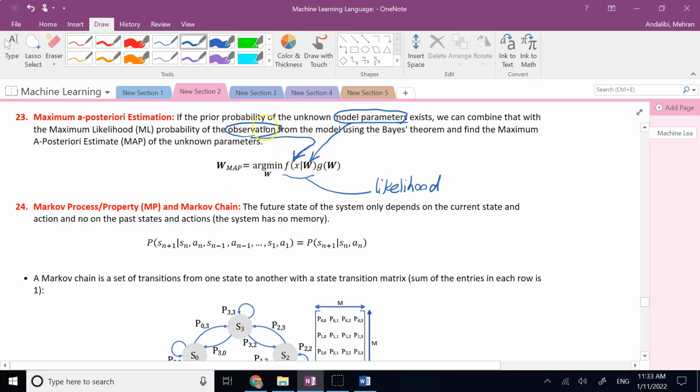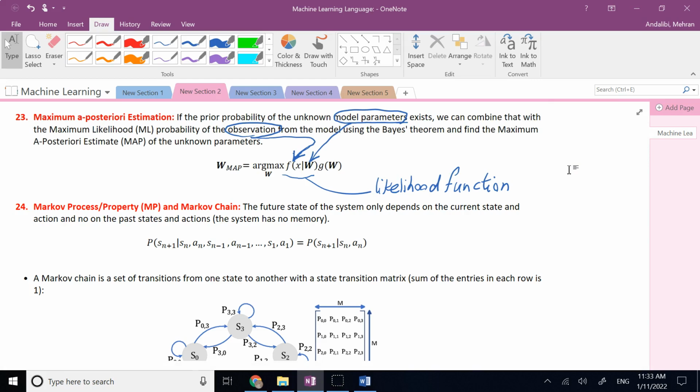So the chance of that observation, that data coming from that model, is the maximum possible, right? That is called the maximum likelihood. The arg min, actually it should be the arg max, not the arg min, because you're maximizing the probability, not minimizing. You're maximizing the probability of the function f.